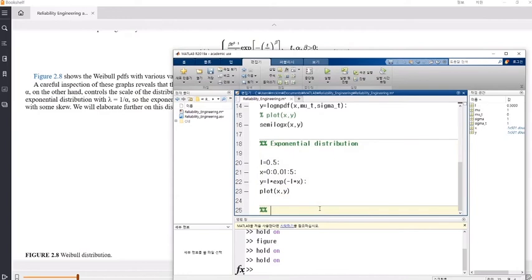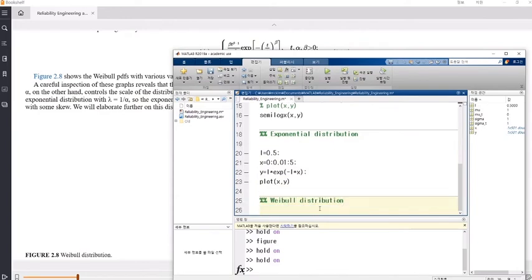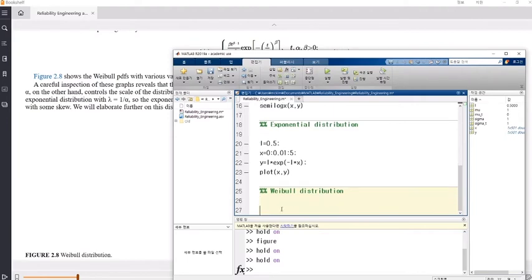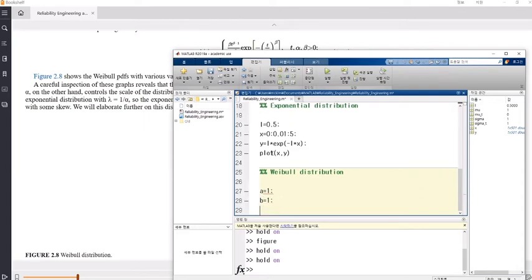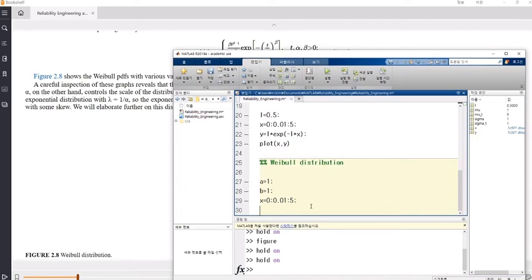So what about Weibull distribution? So we may define A equals 1, B equals 1. So in this case, the distribution will be same with exponential distribution.